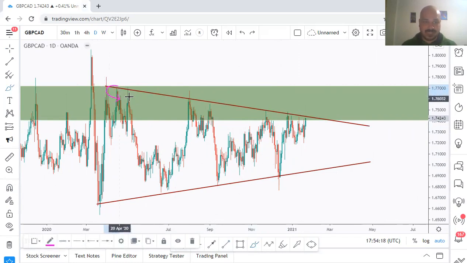So starting from here, we can draw this upper brown trend line because we have a full swing here and full swing here, right? And starting from here, we can draw this brown trend line and we can start to look for buy setups here and of course sell setups here.